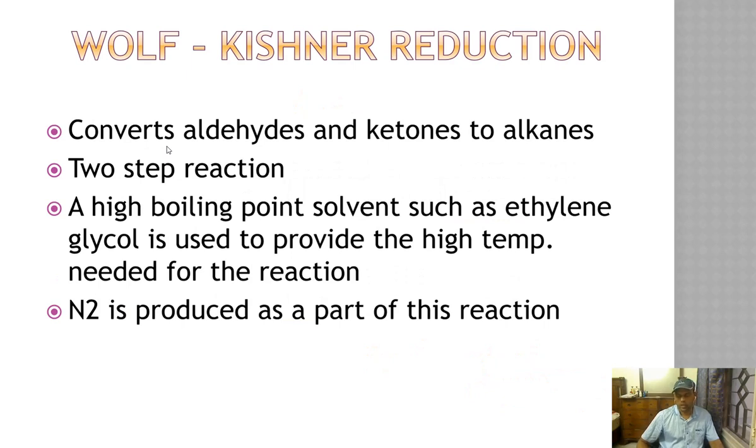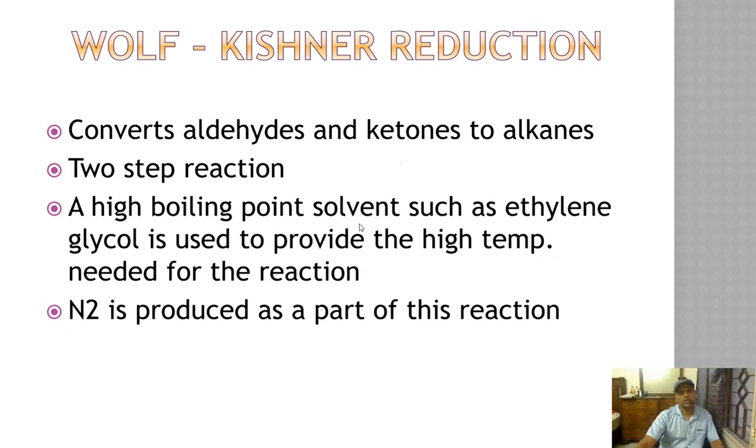Next, let's go to the Wolff-Kishner reduction. It's a reduction reaction. It converts aldehydes and ketones to alkanes, right? Ketones or aldehydes to alkanes. It's a two-step reaction. A high boiling point solvent such as ethylene glycol is used to provide the high temperature.